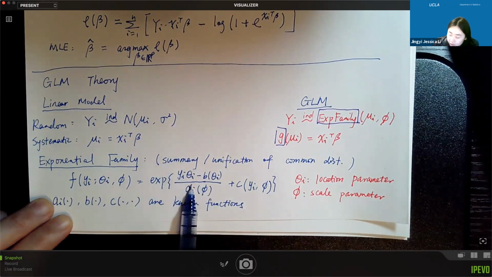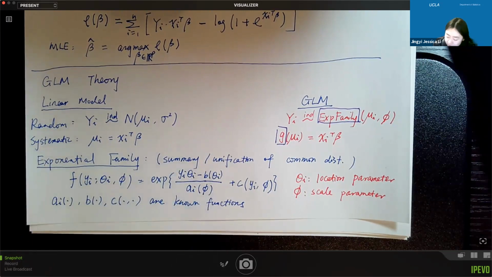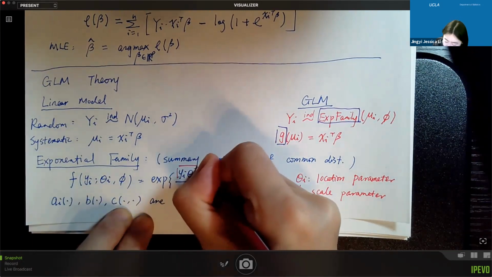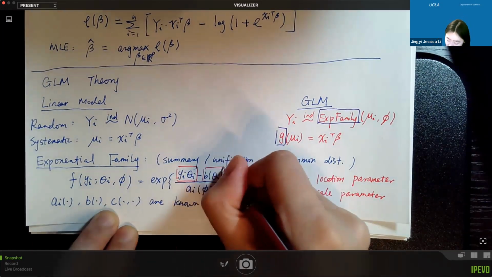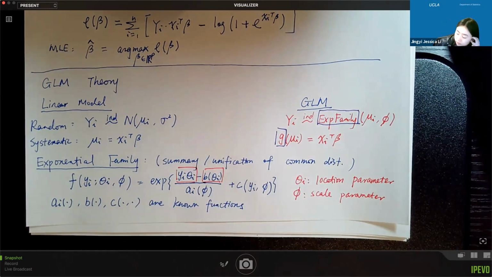Another thing is that in the first term, we write it as an exponential of a ratio, and in the ratio, theta i is only in the numerator. And in the numerator, theta i has 2 parts. One is the multiplication with yi, so yi times theta i. This is very important for the exponential family. This is the only place where theta i interacts with yi. And the second part is just theta i by itself.